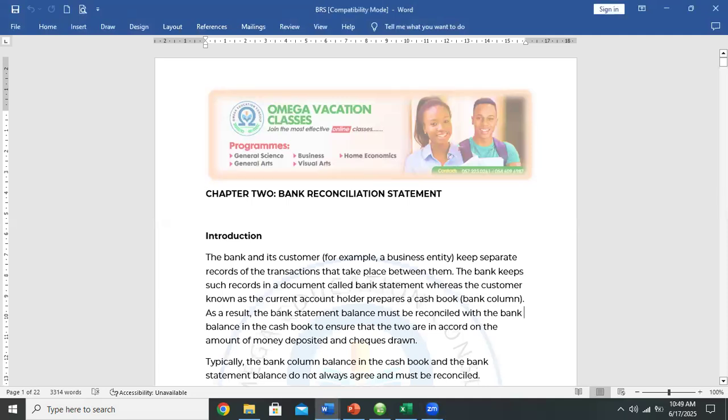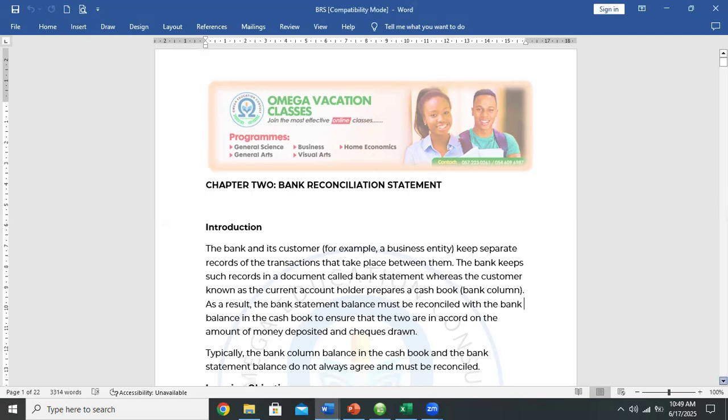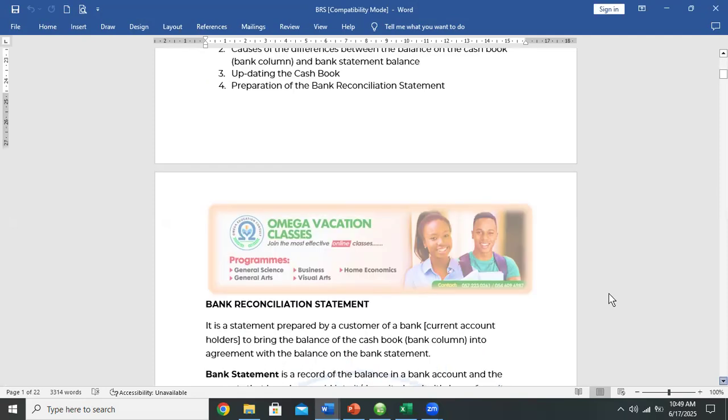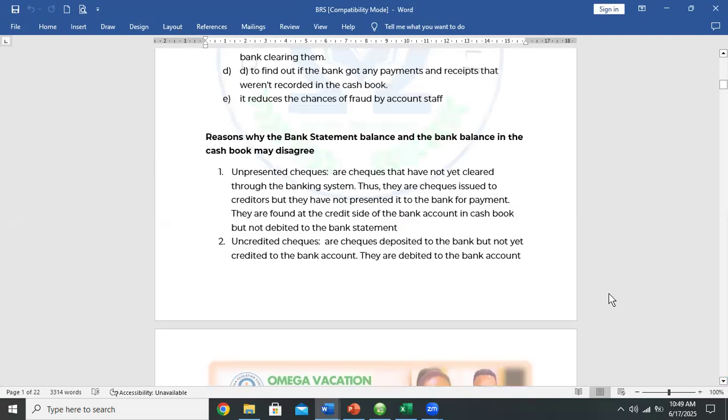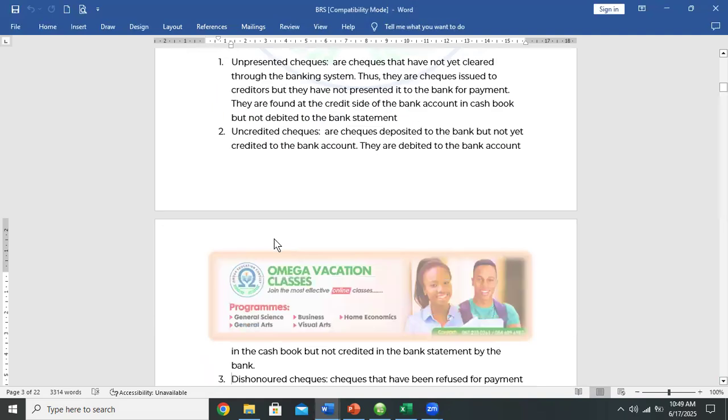So let me scroll down to the reasons so that we can get to them. I think they were about 10 reasons, yes. So I just want my Professor Charles and Ella to appreciate. Okay. So we had unpresented checks is one of them. Uncredited checks. I'll explain them because in doing the reconciliation, we would have to know why we add all this.